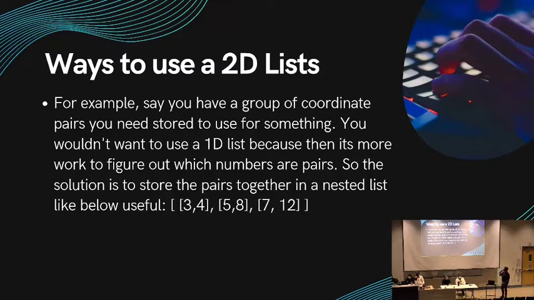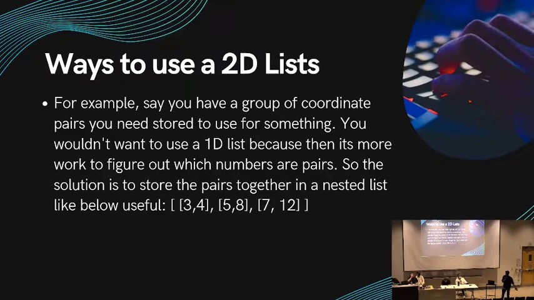So, ways to use a 2D list. For example, say you have a group of coordinate pairs you need to store to use for something. Imagine your seat number is a coordinate on a grid, and let's say this one right here is 0, 0.